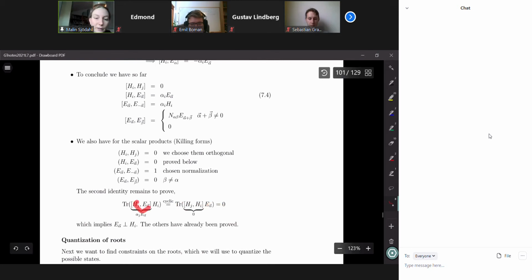And this thing here is proportional to E alpha with some non-zero proportionality constant. So that implies that this scalar product between E alpha and H_I must be 0. So E alpha is orthogonal to H_I, and that is what we had up here. So now that is also proven, and the other ones we had from before. So we have a set of relations for the Killing form, the scalar product, and a set of relations for the commutators.